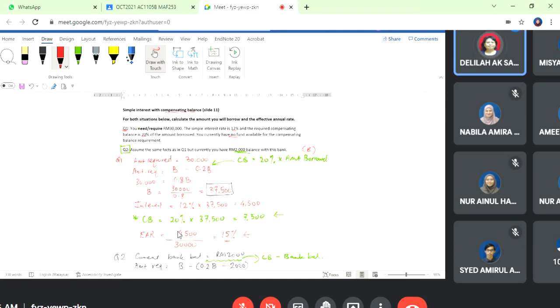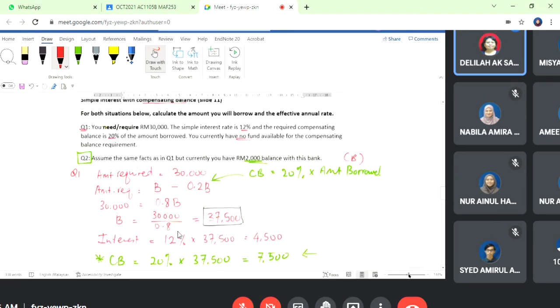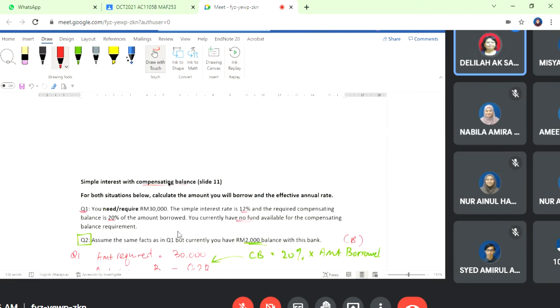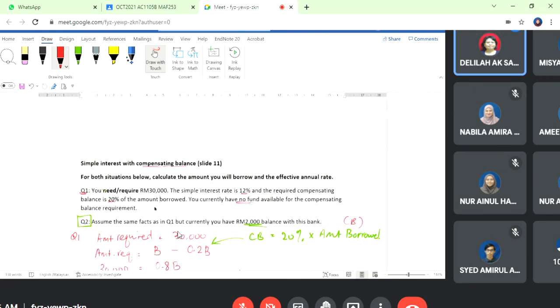Now, what I want you to be careful about when you're reading exam questions is you need to make sure you understand sama ada dia need ataupun dia want. Okay. If the question is need, then you must.